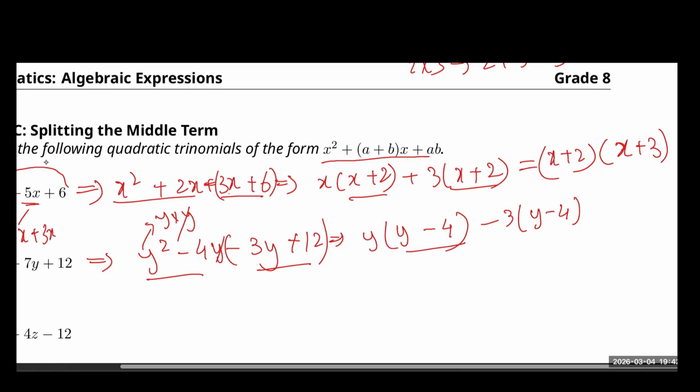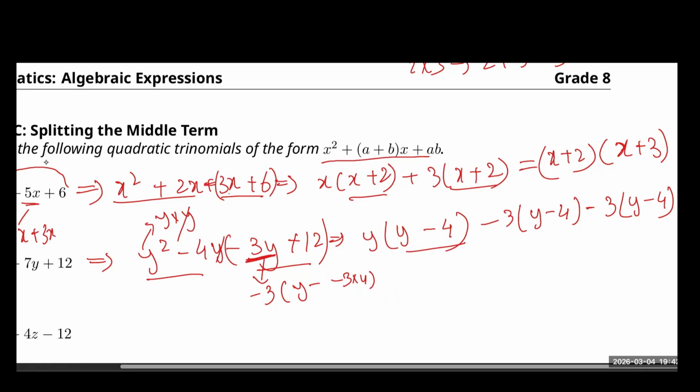Actually, in the second group, if the first term is negative, try to take the negative number common. Means, try to take minus 3 common, because here we have the first term as minus 3. So minus 3 ones are minus 3, and minus 3 fours are minus 12. If I take minus 3 common, y will be left over and minus 3 into minus 4 will give plus 12.